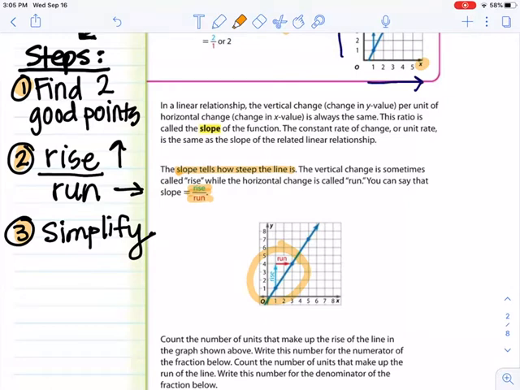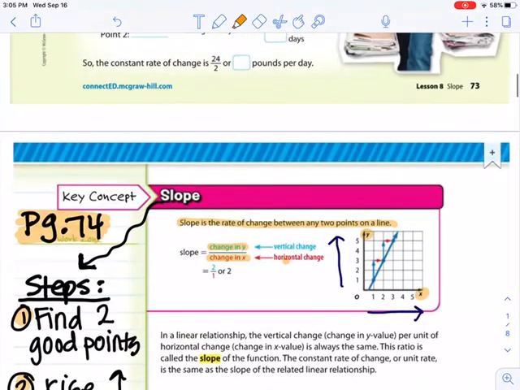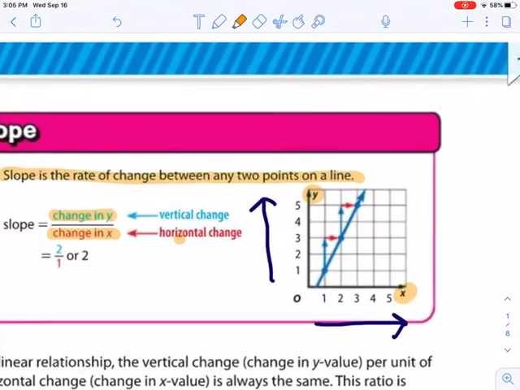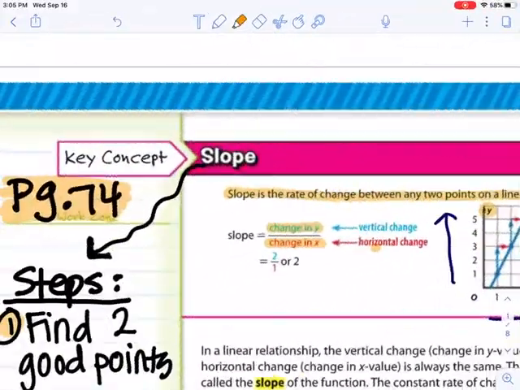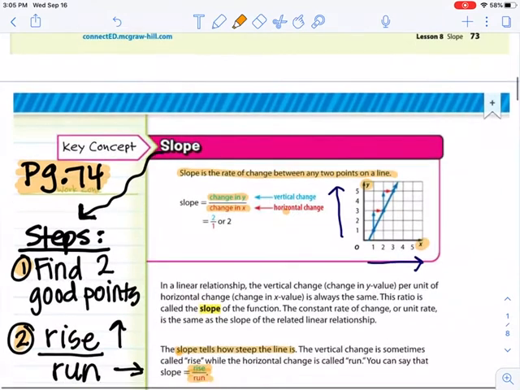So to introduce how to find slope, I want to use this example in your math book on this page, and I'm going to use different points in order to show you another way to find slope. As you can see in the steps, the first step is to find two good points. A good point is a point on a line where you know exactly what the coordinate is.